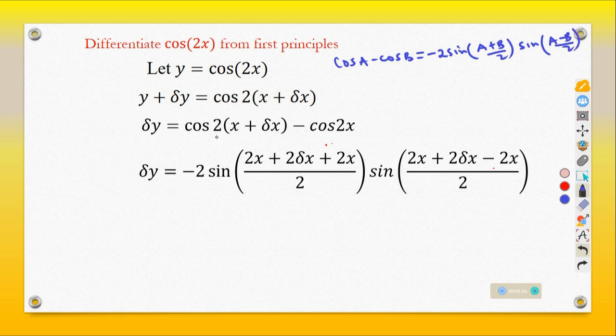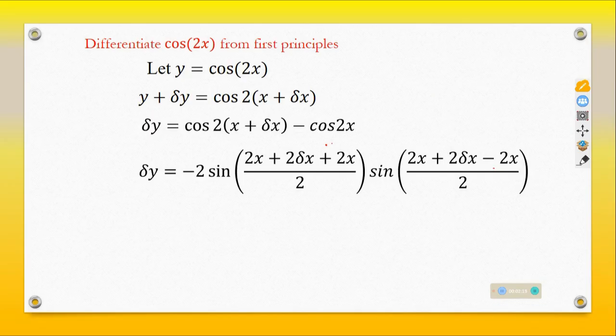So for our case, this will be like our A, and 2x will be like our B. That's why we have delta y, which is equal to minus 2 sine of 2x plus 2 delta x plus 2x divided by 2, then sine of 2x plus 2 delta x minus 2x divided by 2.